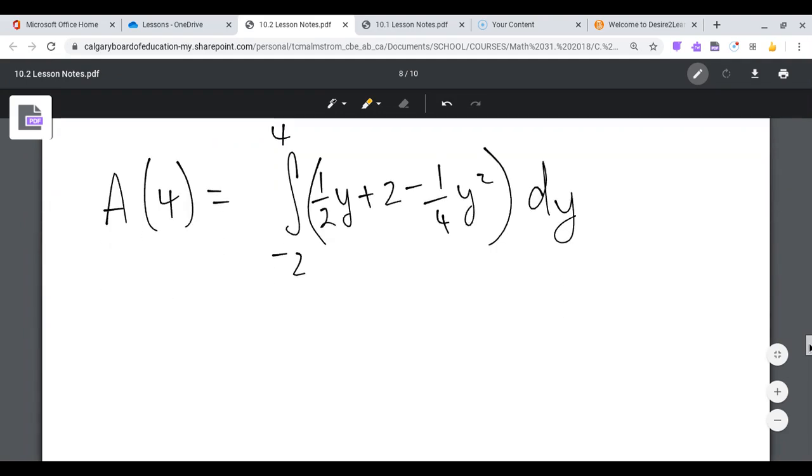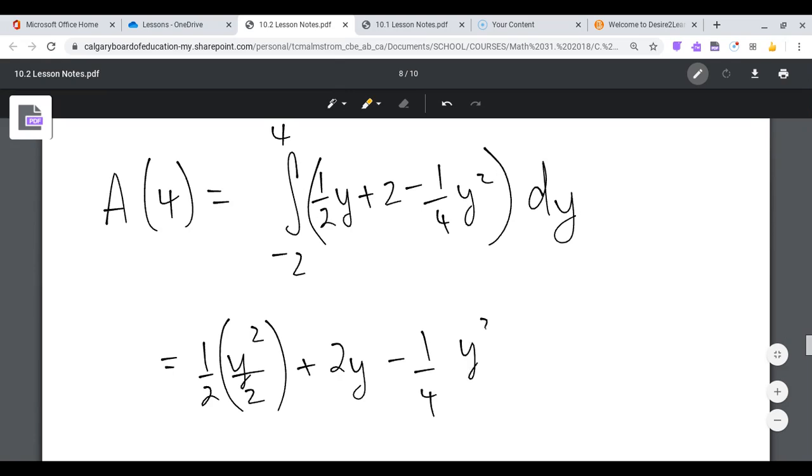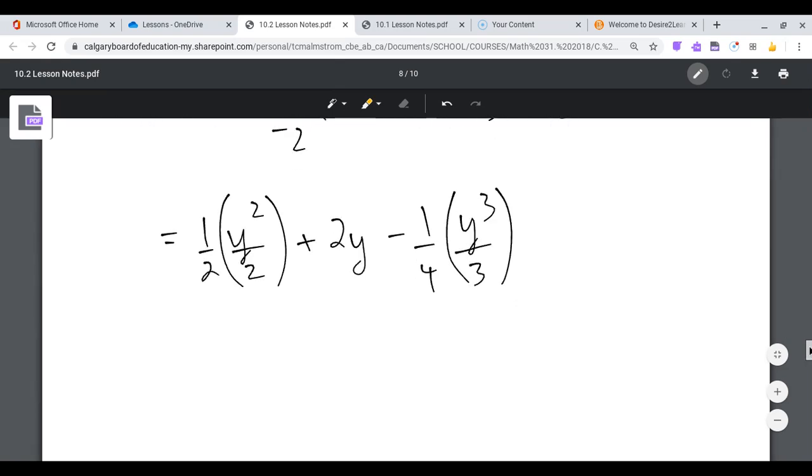Notice here our notation will be dy because we're going to do it in terms of y. So this is equal to the antiderivative, which is 1/2 y squared on 2 plus 2y minus 1/4 y cubed on 3. When we tidy that all up, we integrate from -2 to 4.